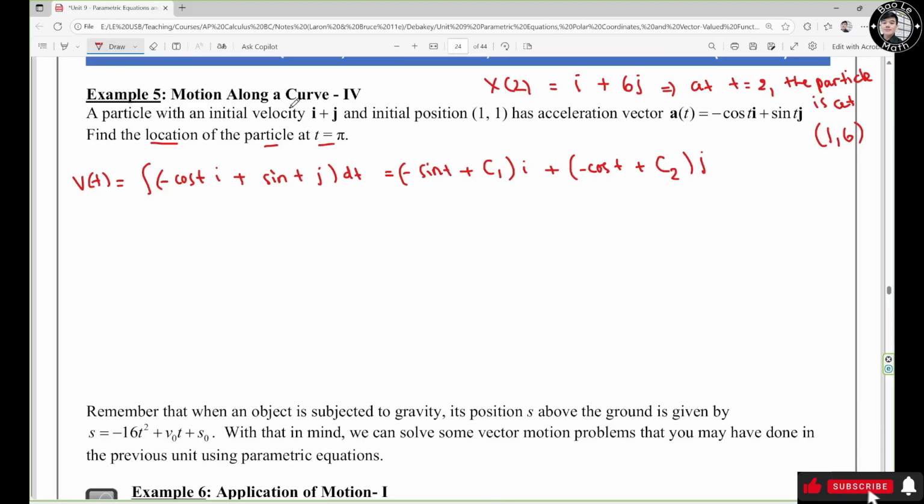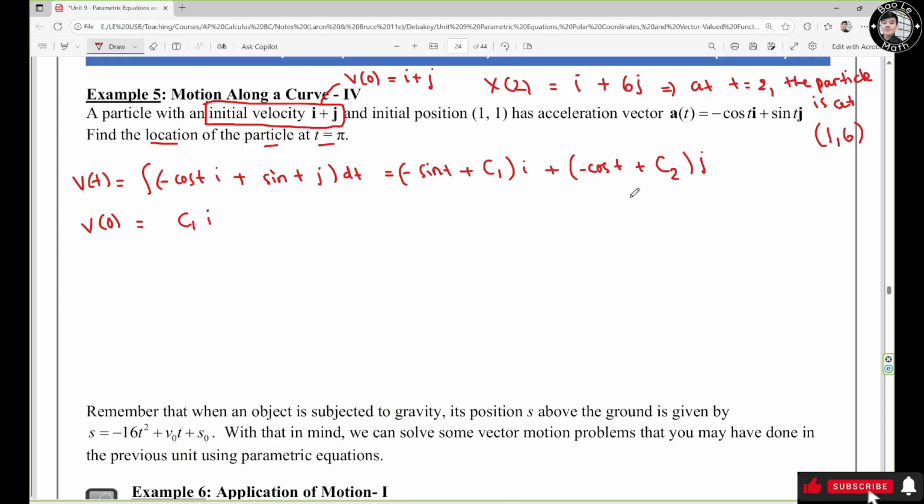right? Now we're going to use the fact that the initial velocity is i plus j. What does it mean? It means v of 0 equals i plus j, right? So we have v of 0, substitute 0 for t into this one, right? So I have sine of 0 equals 0, I only have C1 left, right?